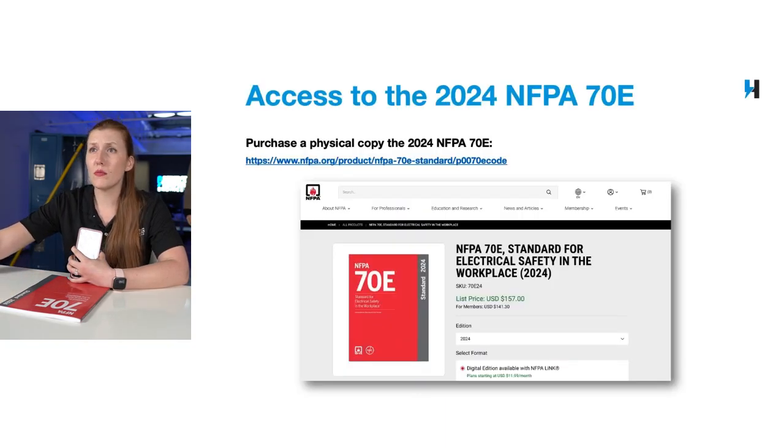So just a real quick reminder here for those who aren't aware, there are multiple ways to get access to the latest and greatest 70E. Of course, you can purchase a physical copy going online to their website there. In the handout, which you should be able to download from GoToWebinar here today, you'll be able to click those links from the PDF handout of these slides.